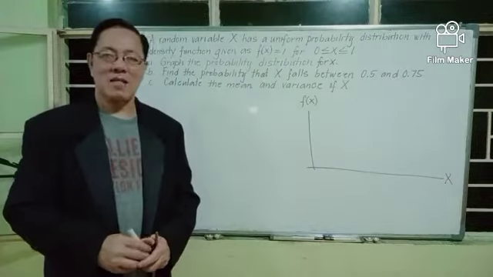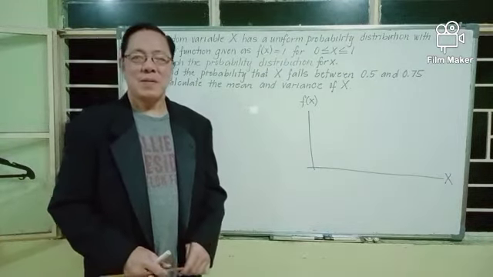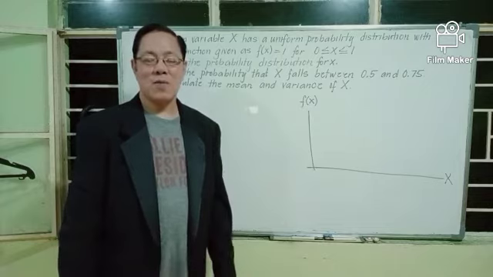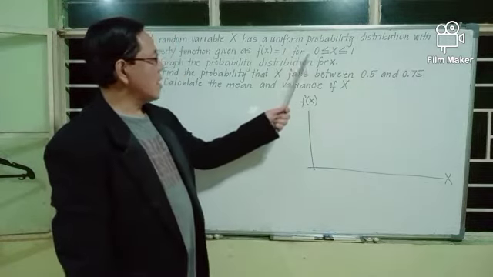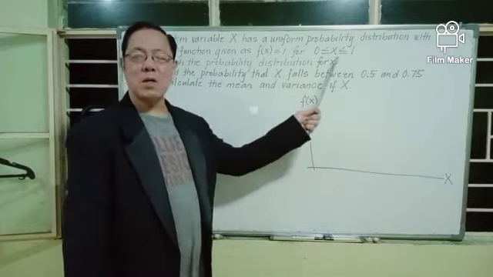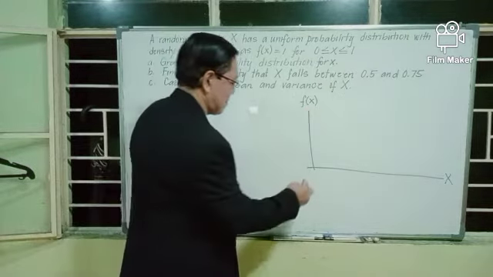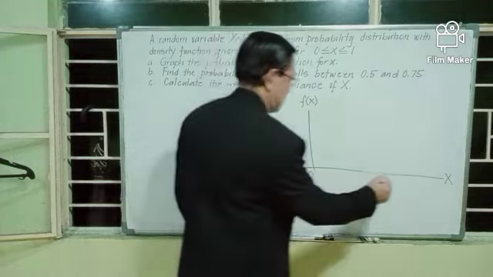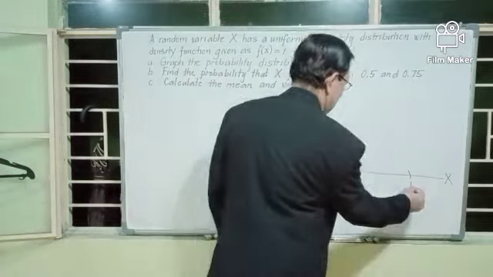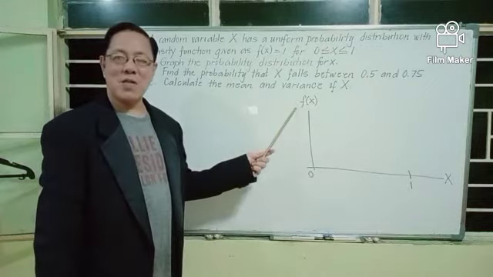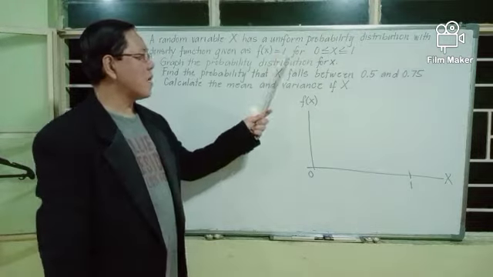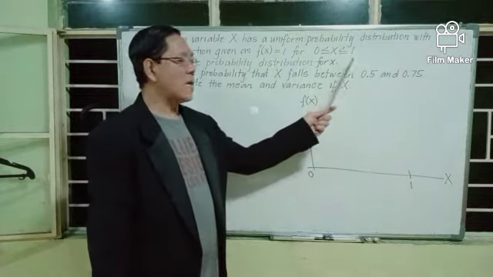In the horizontal axis, we write the line interval where x can have any value. In the given, we have the line interval from 0 to 1. And the value of the probability density function f of x is equal to 1 for any value of x between 0 and 1.